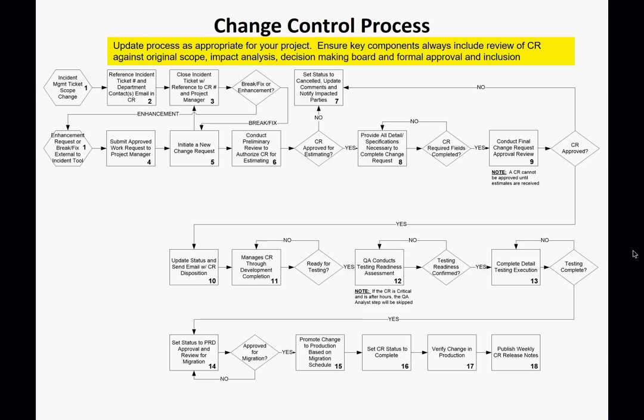Rejection can be two ways. One, rejection can be no, we don't want to do it. Two, the second type of rejection is we don't have full information about this. We can't really understand what this is all about. Please, can you go and review and bring it back?